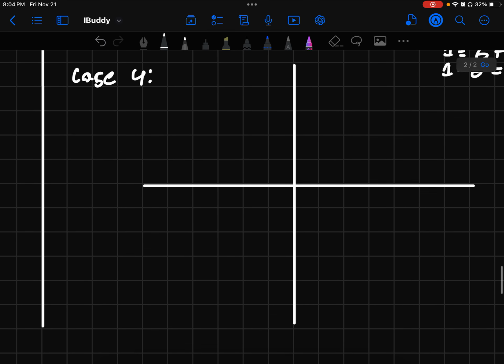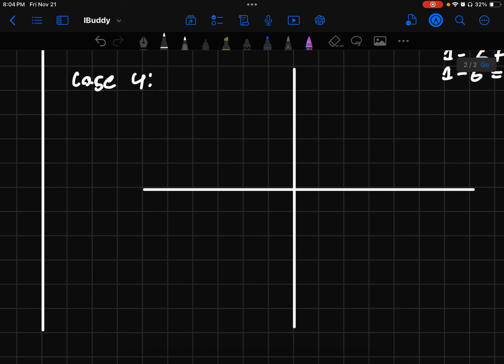And now for the final case, it's when you have a graph. So let's just make a line quickly, like this. What you need to do is first pick 2 points on the graph and find its slope.